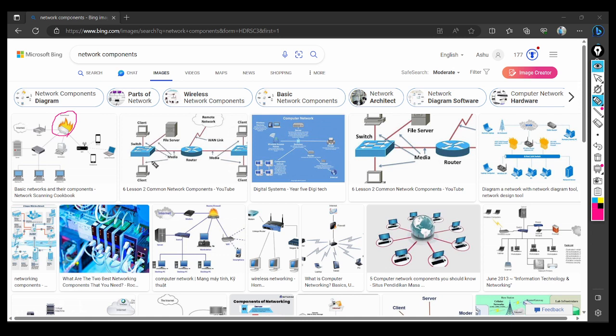This wire is known as transmission media. This is a switch, which works as a small area network. This is a server. So here you can connect with the world internet. Look at this type of diagram. That means you will be able to understand what network components are.